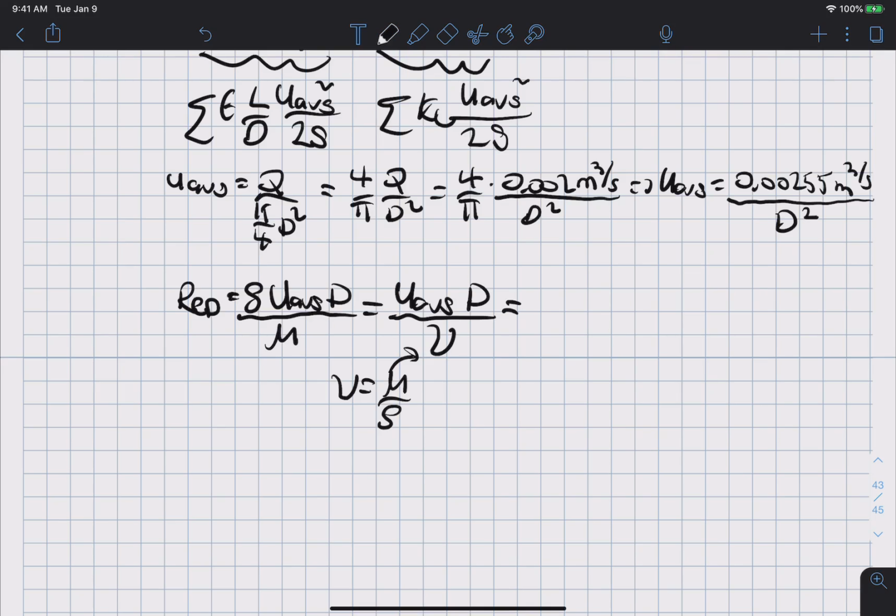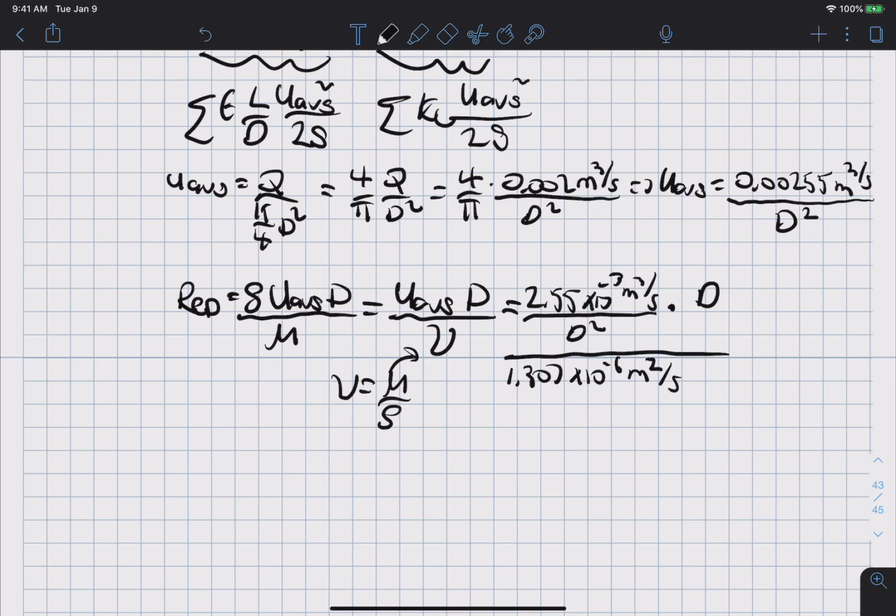And so this equals, just stick in our formula for U average, 2.55 times 10 to the minus 3 cubic meters per second divided by the diameter squared times the diameter divided by the kinematic viscosity, which is 1.307 times 10 to the minus 6 meters squared per second.